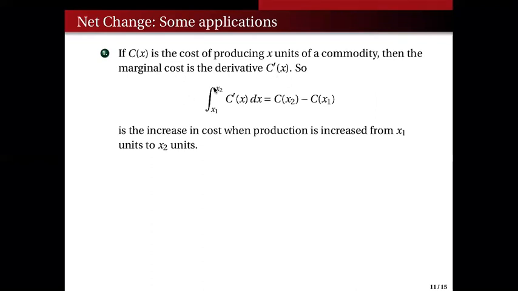Therefore, if we integrate from x sub 1 to x sub 2 the marginal cost function, it will give us this value, the net change of the cost. So this is the increase in cost when the production increased from x sub 1 units to x sub 2 units.